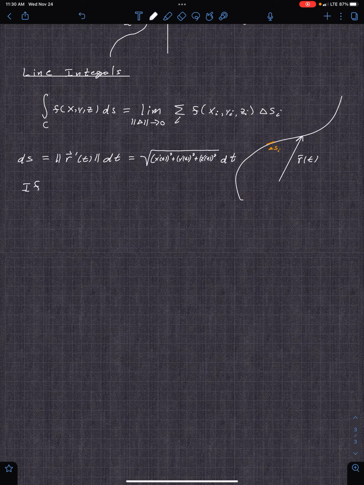If f of x, y, z is equal to 1, then the integral of 1 ds is equal to the integral from a to b of the magnitude of r prime of t dt. And that, of course, is the length of C on a to b, wherever that is.